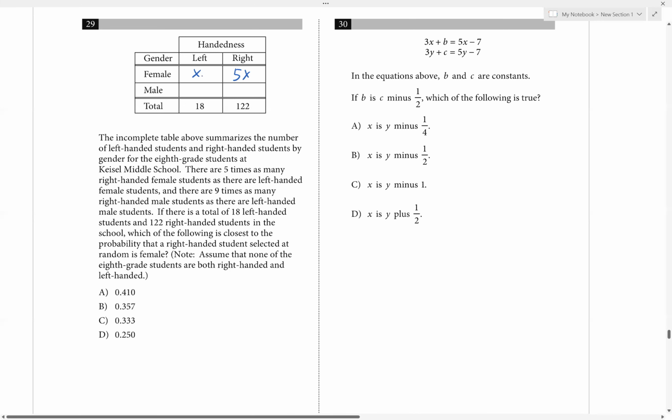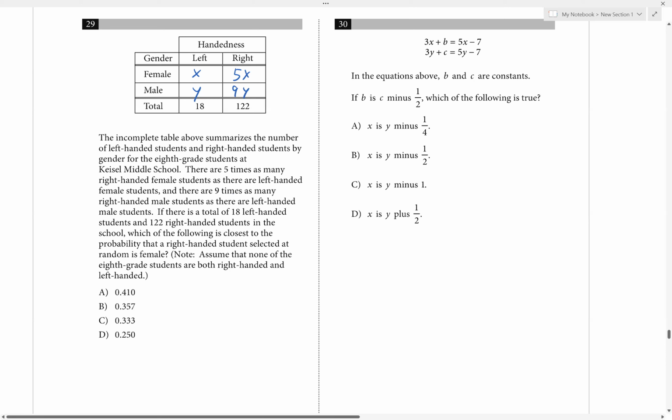We can't use X anymore because the left-handed females and males are not necessarily the same, so I introduce another variable. Say we have Y left-handed male students. The right-handed male students is 9 times as many, so 9Y.